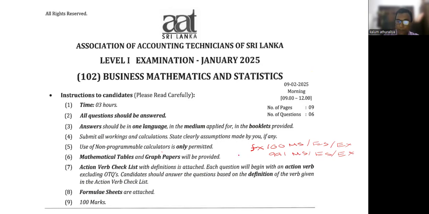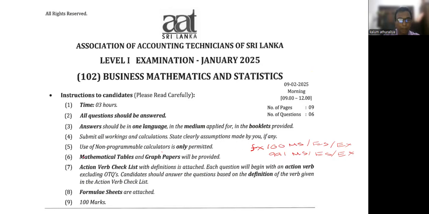Here I mentioned the most commonly used calculators in Sri Lanka: 100 MS, 991 MS, 100 ES, 100 EX, 991 ES, and EX. All these calculators can be used.